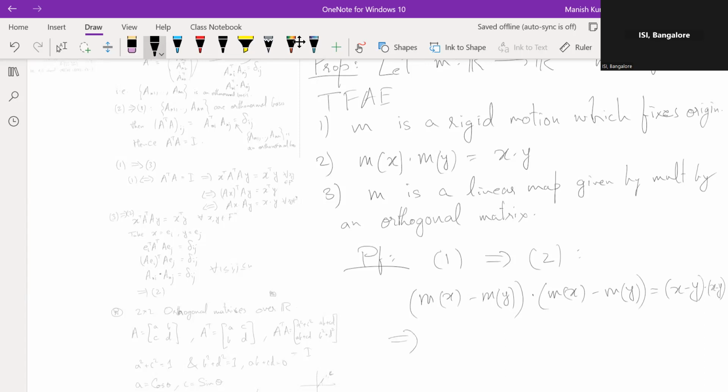If you expand it, this is the length of Mx squared plus the length of My squared minus 2 times the dot product of Mx dot My, and the right hand side is the same, you just drop the M. So that tells you length of x squared plus length of y squared minus 2 times x dot y.